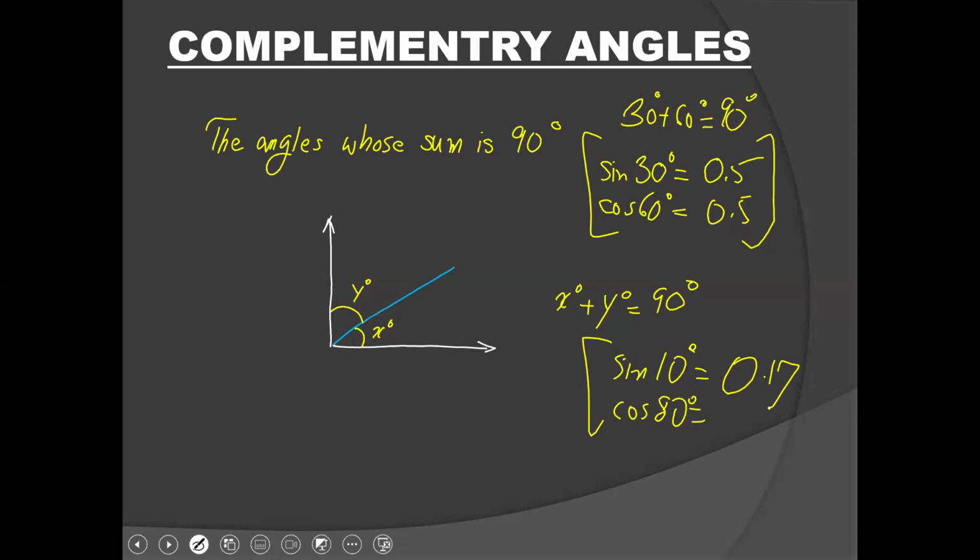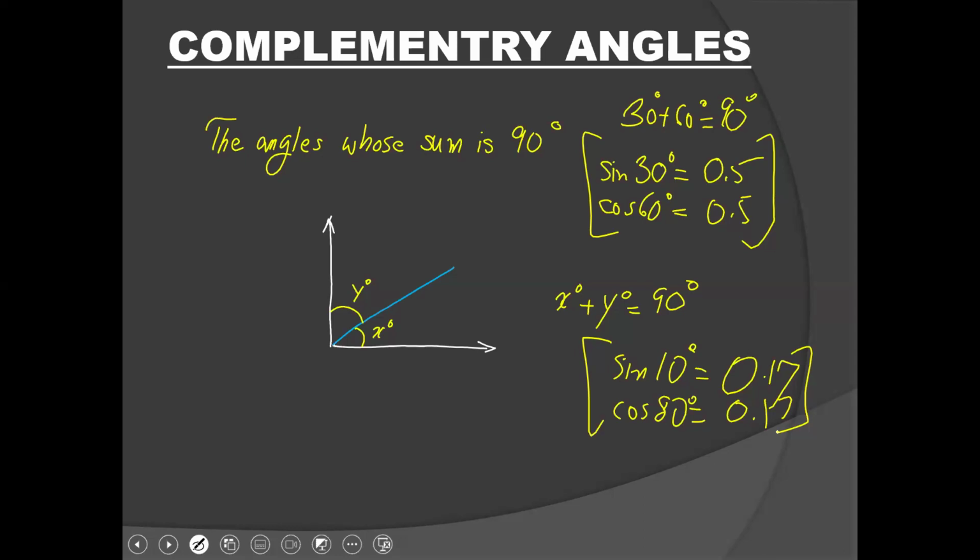Cos 80 is also 0.17. Now can you test the property? What is 80 plus 10? 90. So what is the property? They both have the same values.